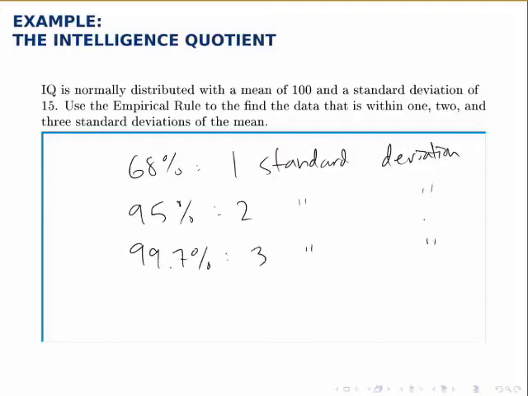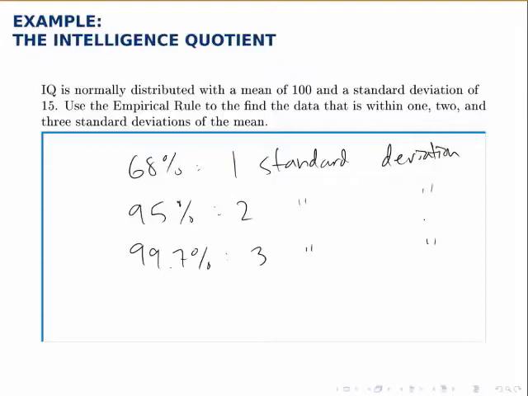So if we work from the mean, down 3 standard deviations and up 3 standard deviations will encompass almost all the data. In this case, with a mean of 100 and a standard deviation of 15, 1 standard deviation below will be 85, and 1 standard deviation above will be 115. 100 minus 15, 100 plus 15.